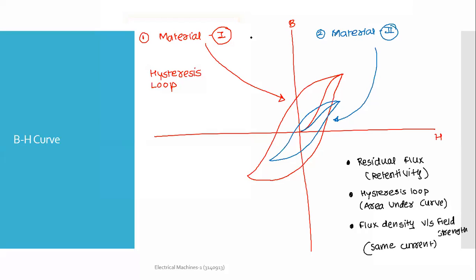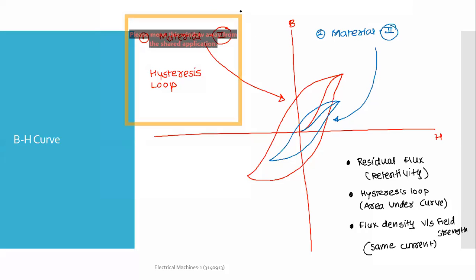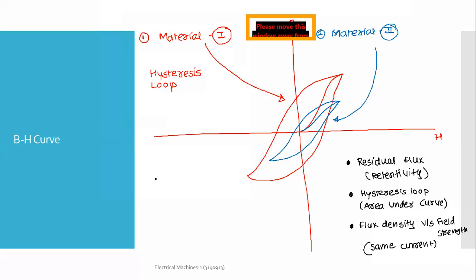Okay, no problem. So you have written it in the chat box. Okay, correct. Your answer is absolutely correct. All three answers are absolutely correct. Anyone else?